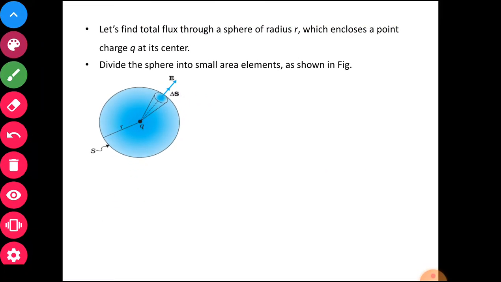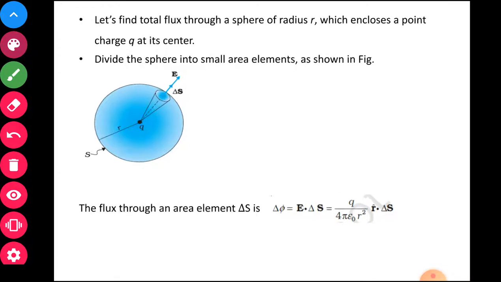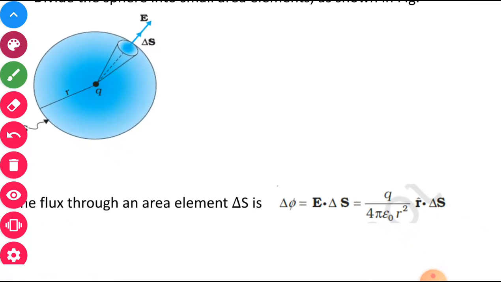Now the flux through the area element delta S we want to find. Now flux is E dot delta S. Now electric field due to this charge q is given by the equation kq upon r square.